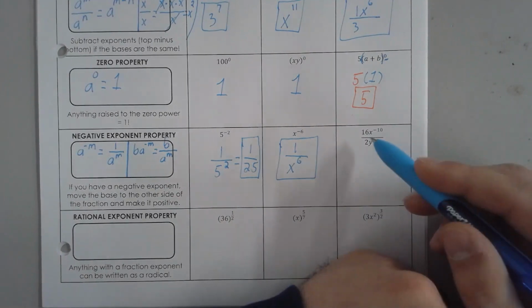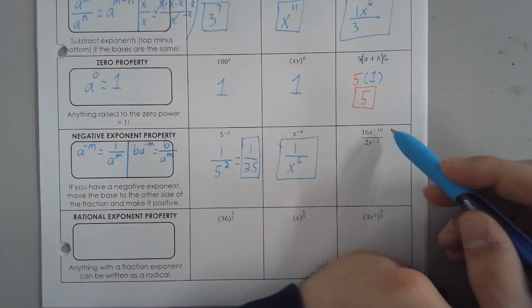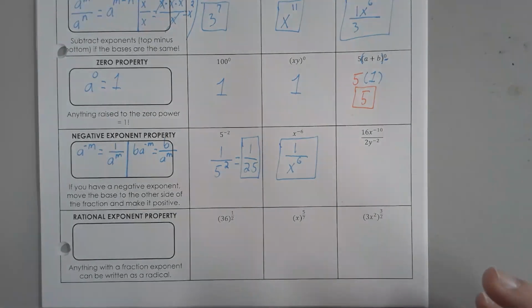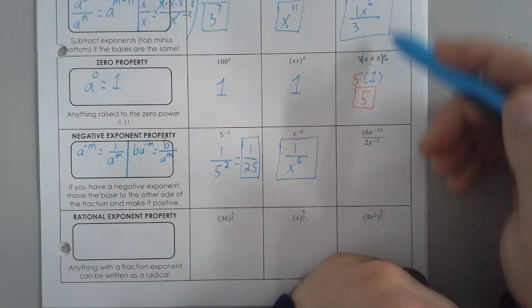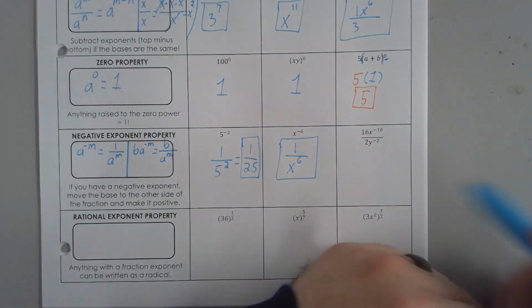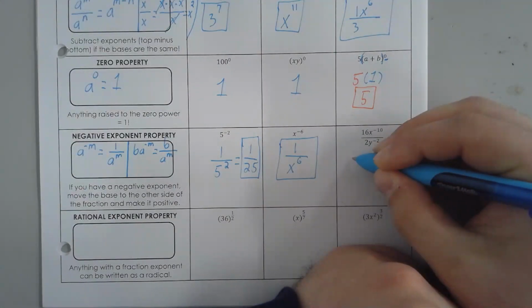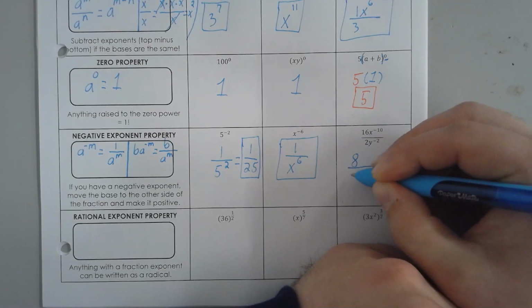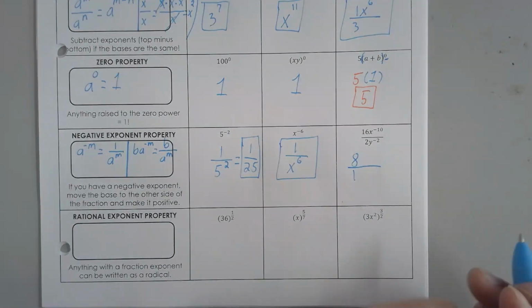Alright, then we've got 16x to the negative 10 over 2y to the negative 2. So again, just like on some of these up here, we've got a 16 over 2. We can divide that. So what's 16 divided by 2? 8. And I'm going to write it as 8 over 1, just so that we can keep it as a fraction.